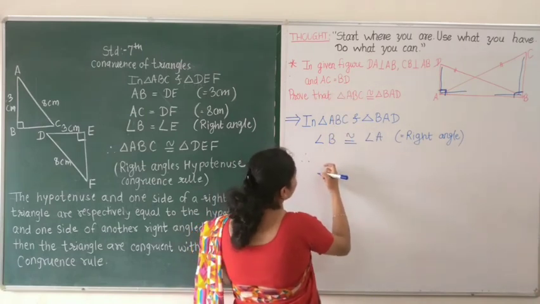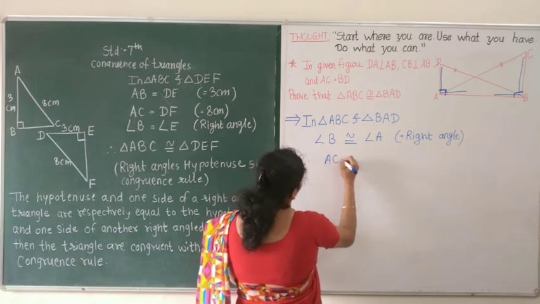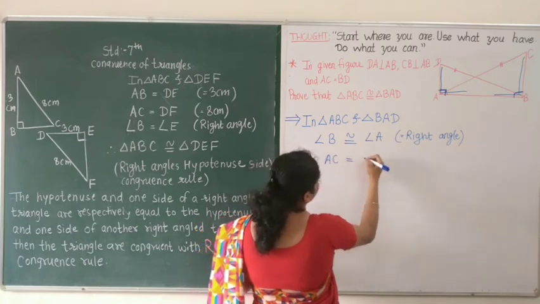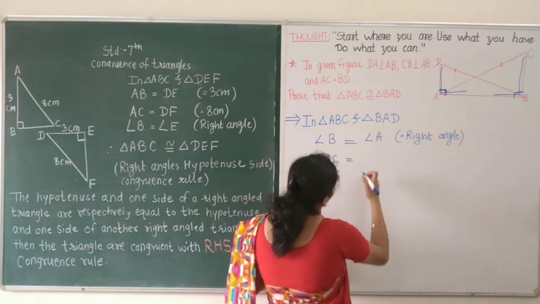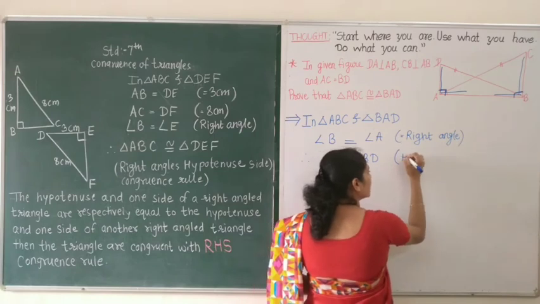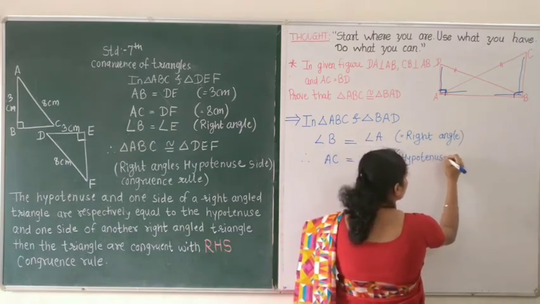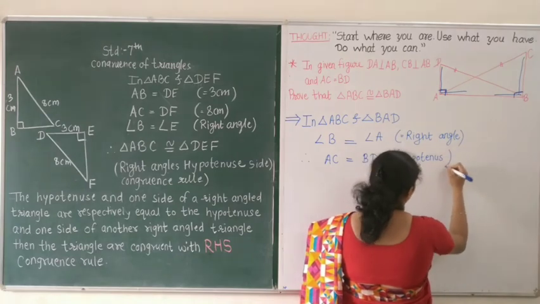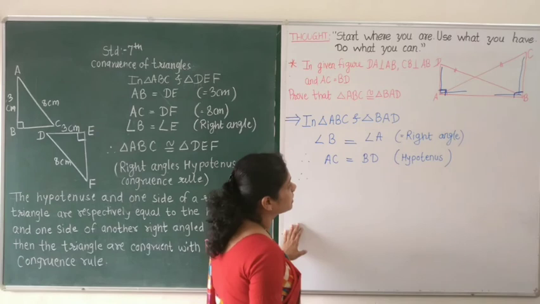So we will write here in ABC, AC is equal to, in BAD it is BD. What will you write here? Hypotenuse. And then side, which side is the same?